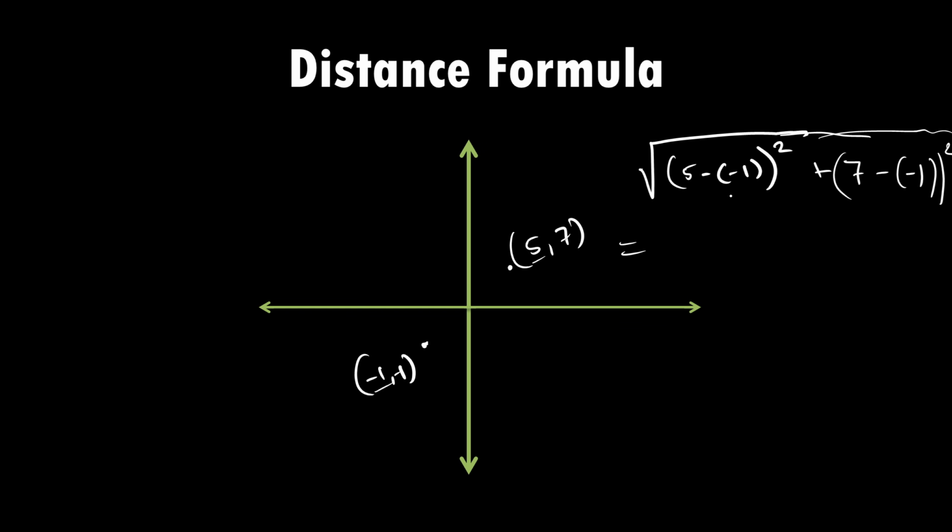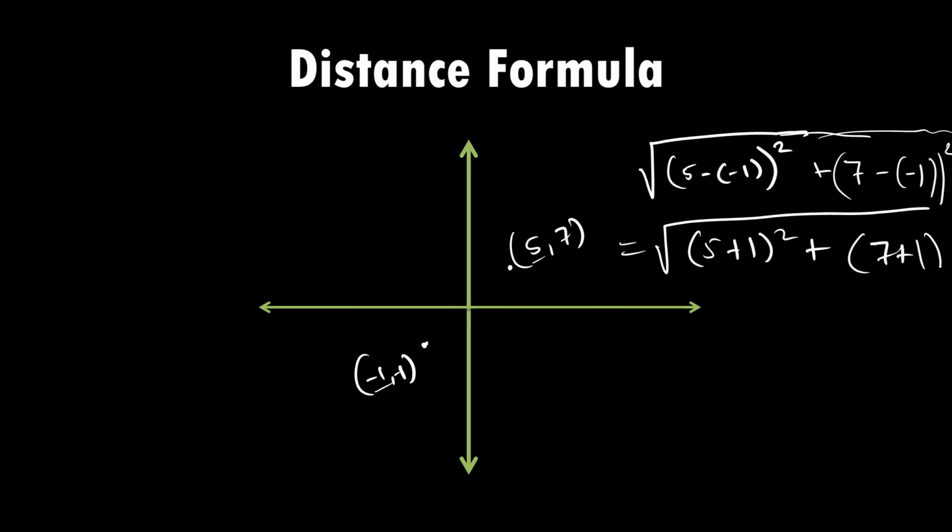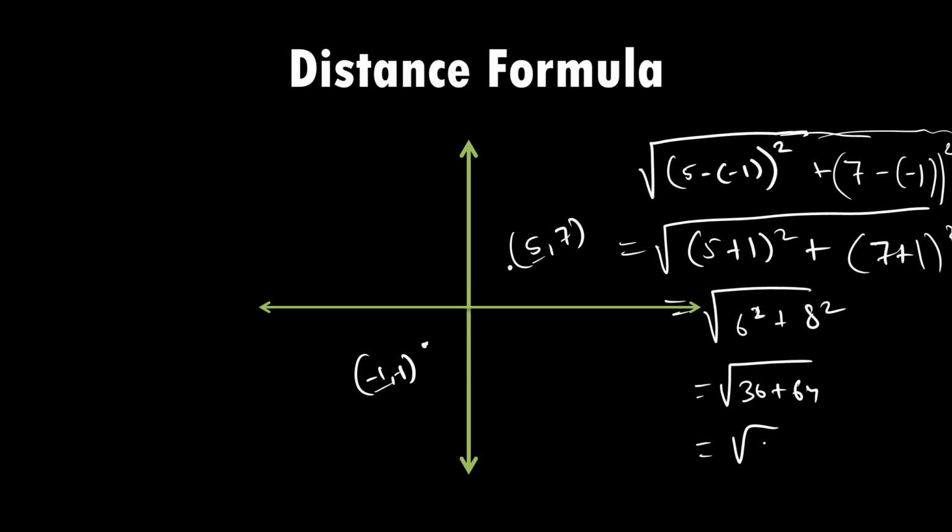Now minus minus means plus, so this is 5 plus 1 squared plus 7 plus 1 squared. This is equal to 6 squared plus 8 squared, which means 36 plus 64, which is root 100, and we can say that this is 10 units away.